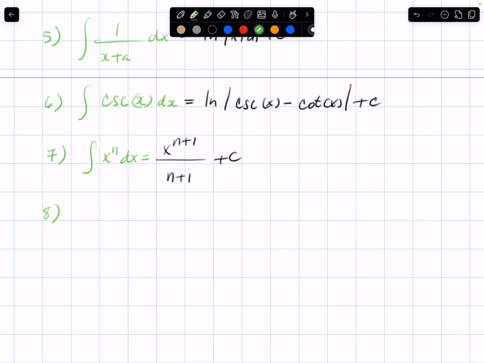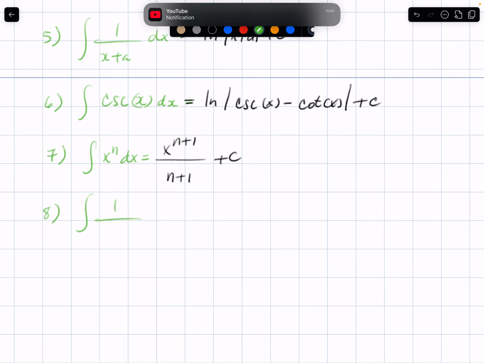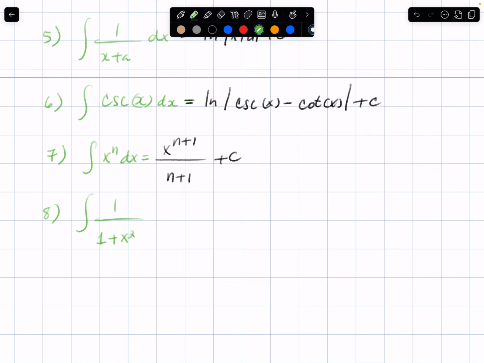And then the integral of 1 over 1 plus x squared dx equals the arctan of x plus c.